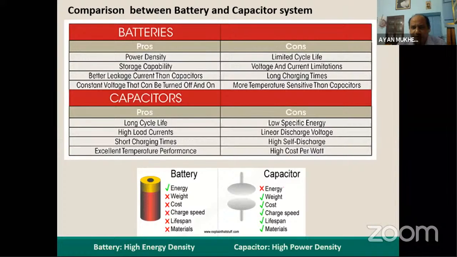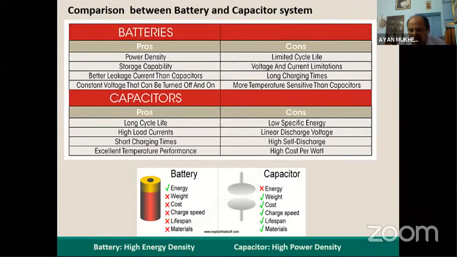So in the case of a battery, the energy density is high. For a general battery, it can store a lot of energy, that is, its energy density is high, but power density is not so good. And for a capacitor, power density is high, but the energy density is low.